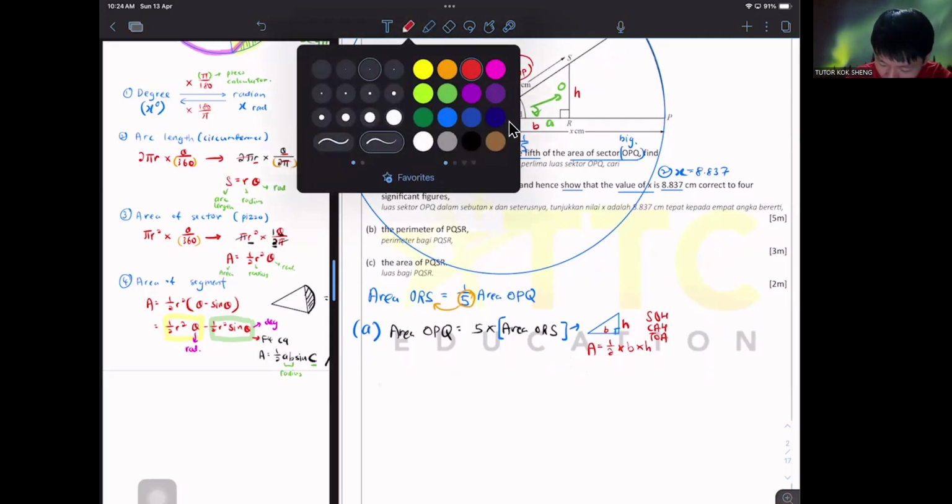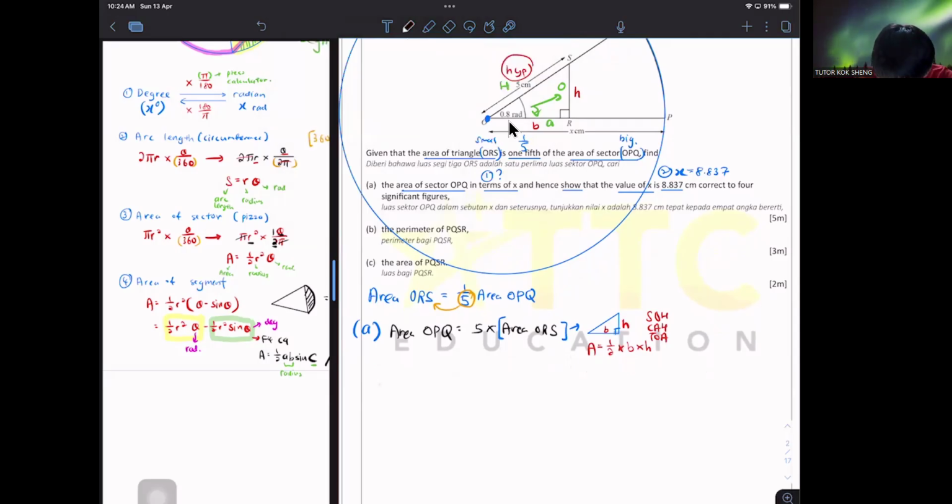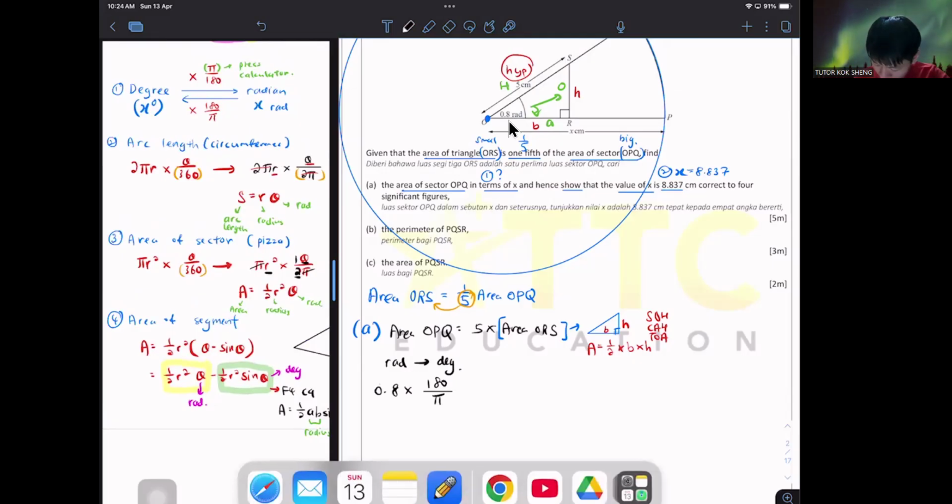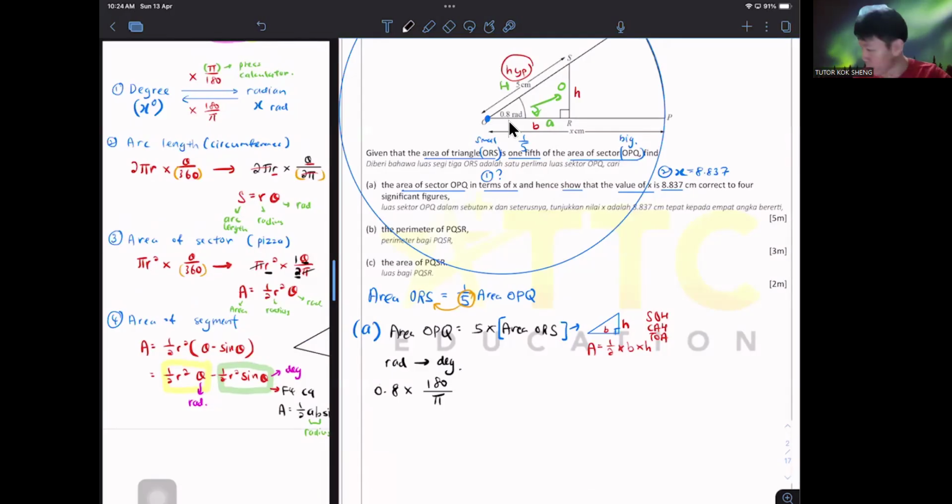So we have to convert the 0.8 radian back to degrees first. Okay, you can see the formula. 0.8 radian times 180 over pi. Okay, so let's go, my calculator.